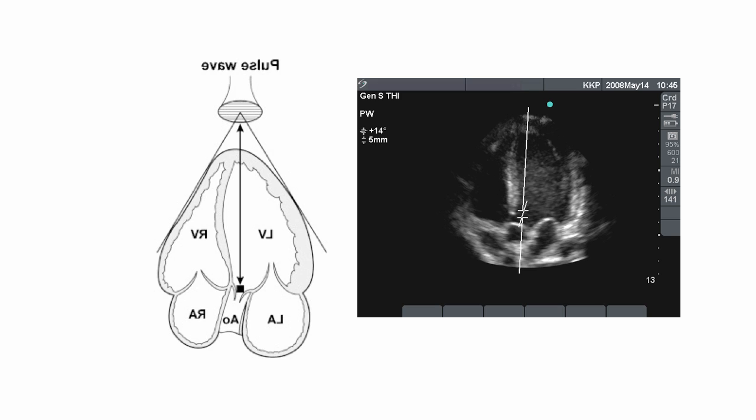You can see the little black square on the left picture, or the little white cross lines on the right hand side there. That's the gate, and then you position that in the left ventricular outflow tract, as close to where you've made that measurement of the radius as you can. We're in a different view now, this is the apical 5-chamber view, and the fifth chamber is the aorta.